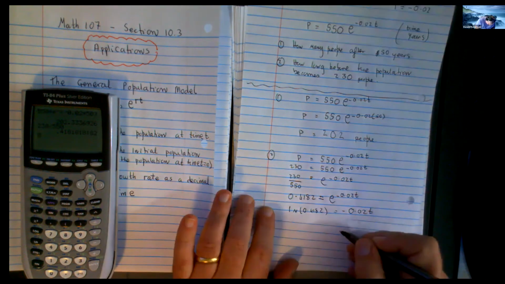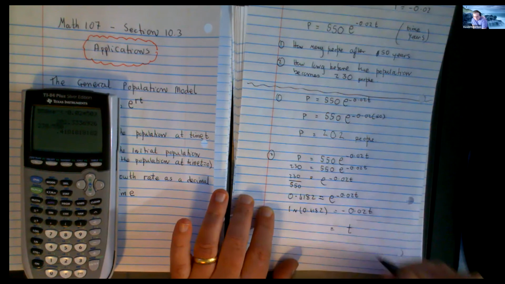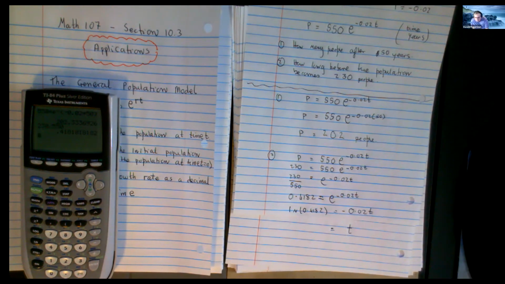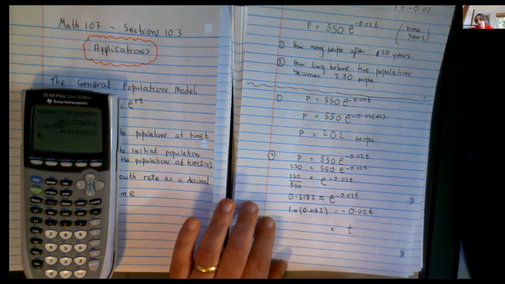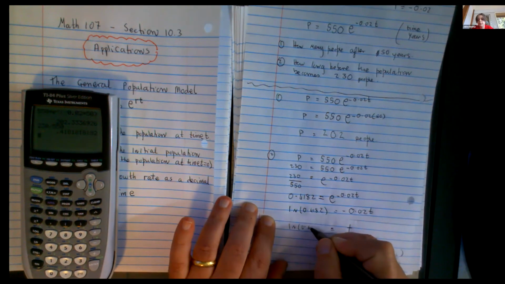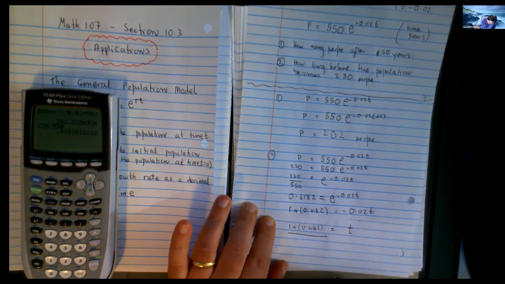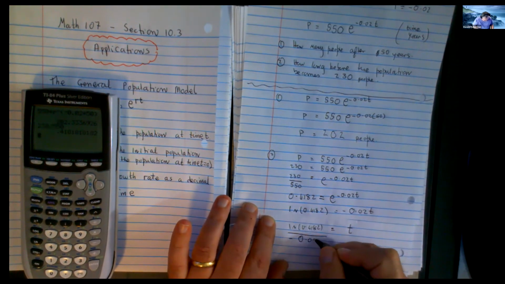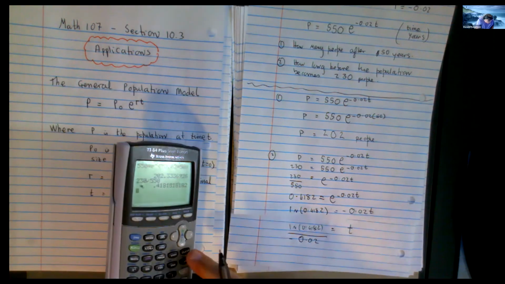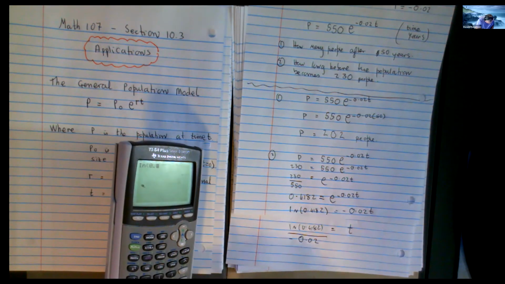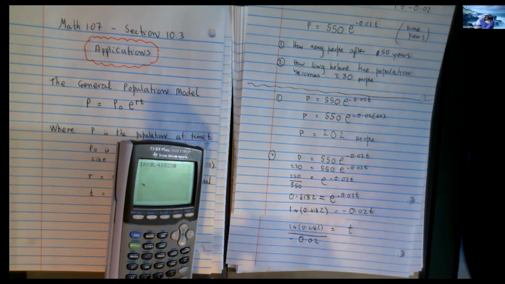Right, what's the last thing I need to do then to find t? What do I do to both sides to find t? Divide by 0.02. Negative. Yes, with a negative, but I'm assuming you knew that. Okay, hit button time. The natural log of 0.4182 gets divided by negative 0.02, and notice I used the negative button.